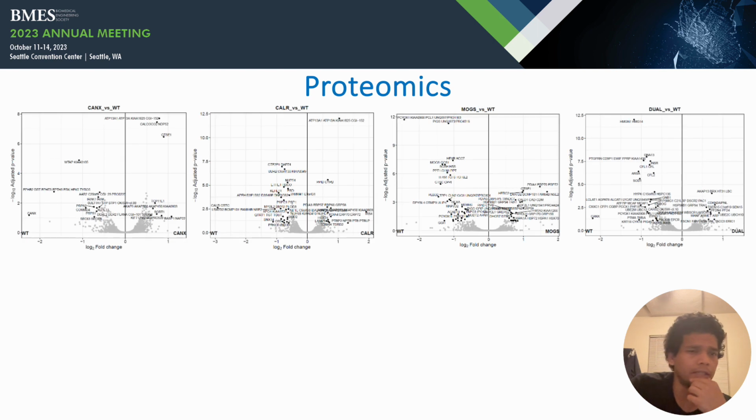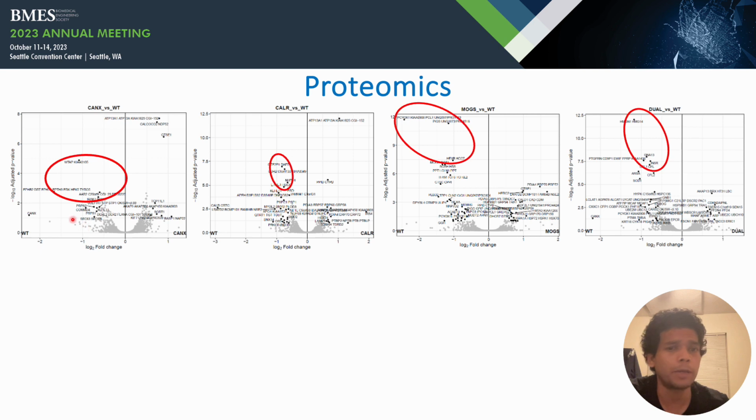In the case of proteomics, we did the label-free analysis of differential expression of proteins, and then analyzed the upregulated and downregulated proteins, and tried to find out what is common between these upregulated and downregulated proteins in the different knockouts.